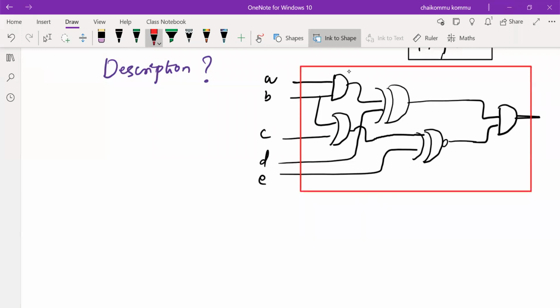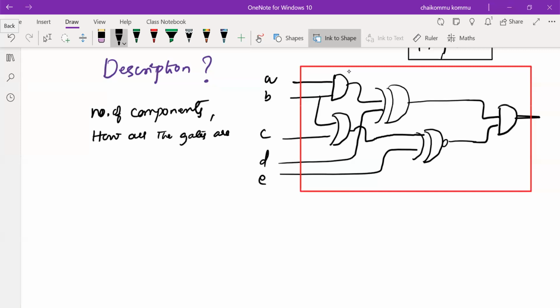The description of the circuit means how many components we are using, especially in the form of gates, and how all the gates are connected. Is it clear? These are the two pieces of information we should know. So this is how the description is.